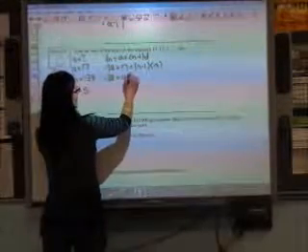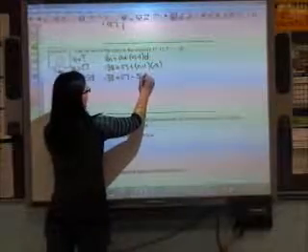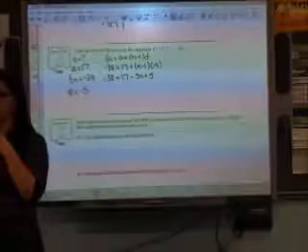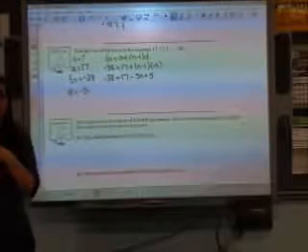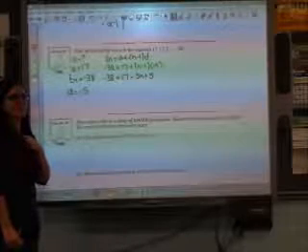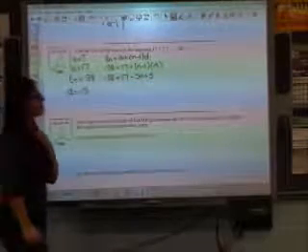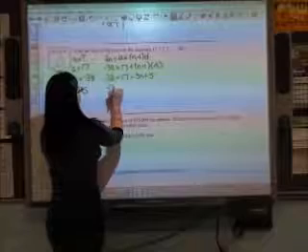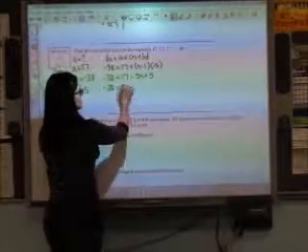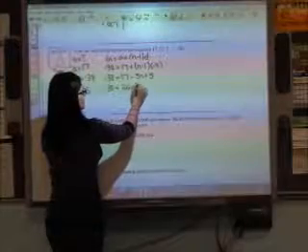Okay, remove the brackets, so then I get minus 5n plus 5. Next step. Okay, 17 and 5 equals 22.